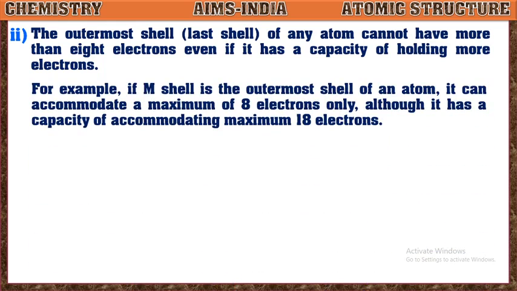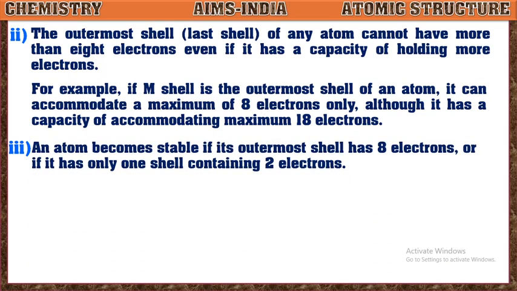For example, if the M shell is the outermost shell of an atom, it can accommodate a maximum of 8 electrons only, although it has a capacity of accommodating a maximum of 18 electrons. The M shell is nothing but the third shell. Even though its maximum capacity is 18, if this M shell is the outermost shell for that element, it will have a maximum of 8 electrons only.